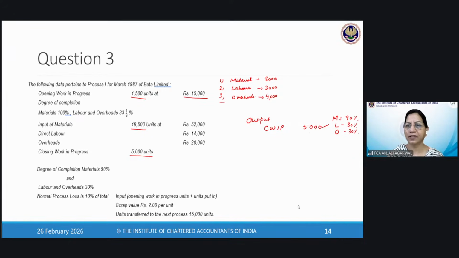Units transferred to the next process 15,000, and there is a normal loss in the process which is 10% of the total input. So 10% of 20,000 is 2,000. So this totals to 22,000, which means we have an abnormal gain of 2,000 units.